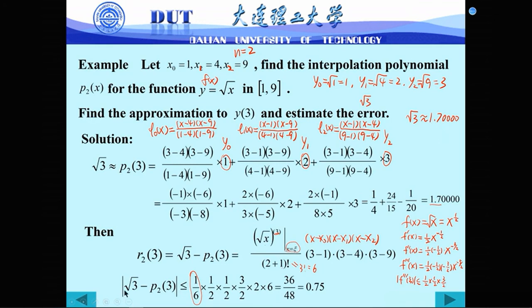And also we know, that means we know the exact value minus the approximate value can be bounded by the error bound. The error bound here is 0.75. See, we obtain the approximate value and also we estimate the error. Clear?